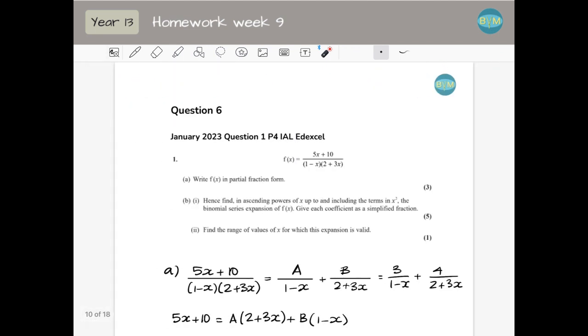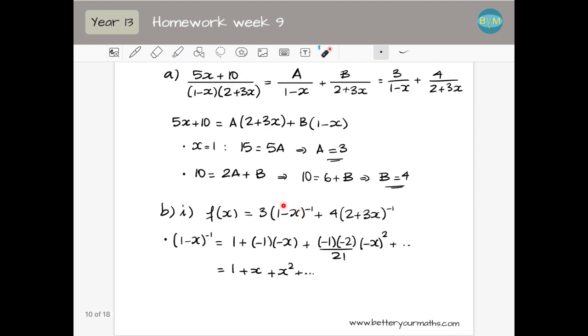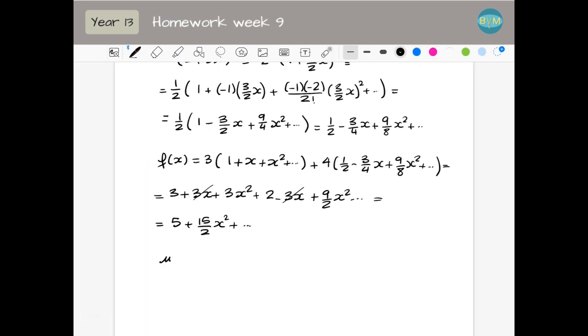And the last thing they say: find the range of values of x for which this expansion is valid. So I have two expansions in one. I have this one and this one. I have expanded two binomials. This one is going to be valid when the absolute value of minus x is smaller than 1, which means that the absolute value of x is smaller than 1.